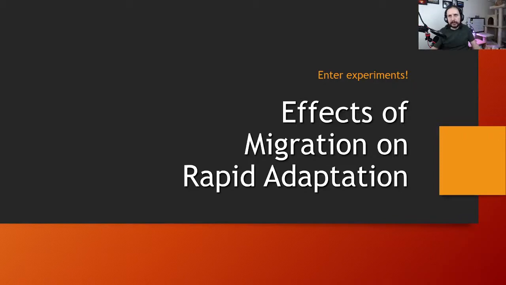So I'll be talking about the effects of migration on rapid adaptation. I worked on Drosophila melanogaster to understand the effects of migration on rapid adaptation. I will be connecting this migration on rapid adaptation to the range problem.